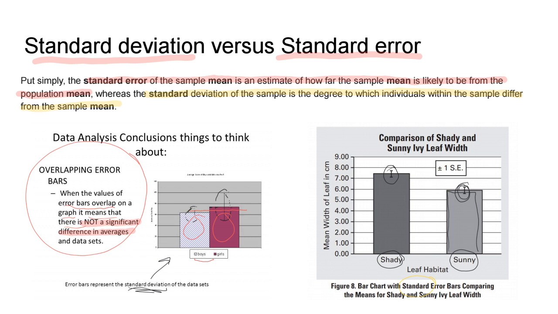But the question is, is that difference enough to say that those two groups are actually different from each other, or is that by chance? Since this is overlapping, it means that the difference between the girls and the boys in this situation is not statistically significant. Those differences are due to chance alone.